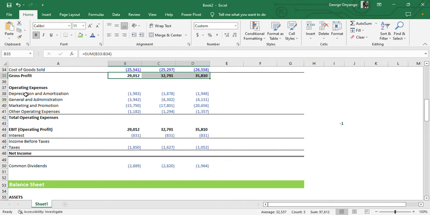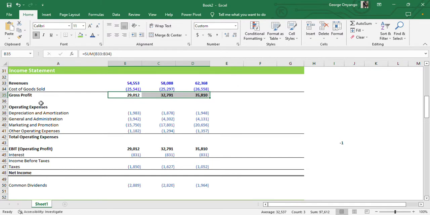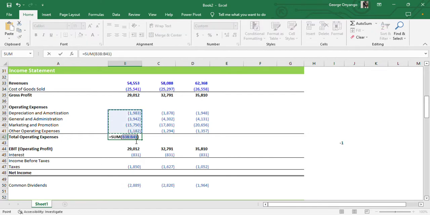Then we have the operating expenses. Told you the other time that these are expenses which are not directly linked to the cost of goods sold. They are indirectly linked, so we are going to get these other operating expenses. We're going to do the same, alt equal.